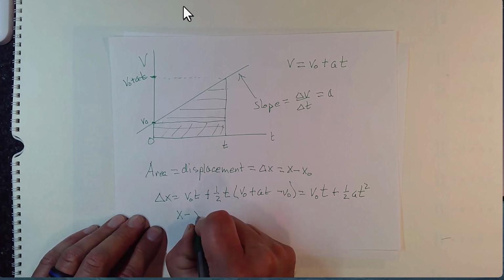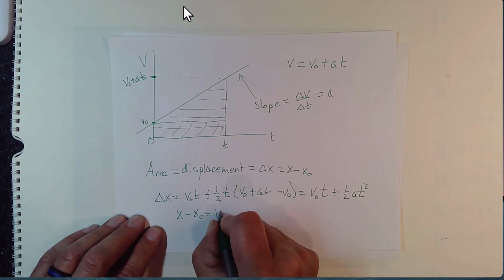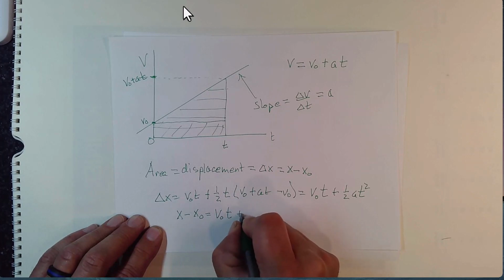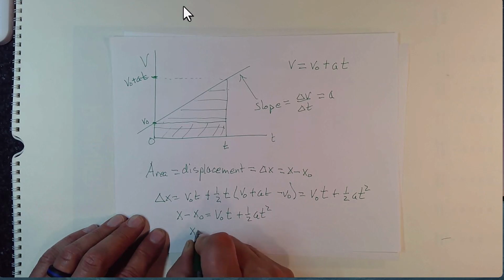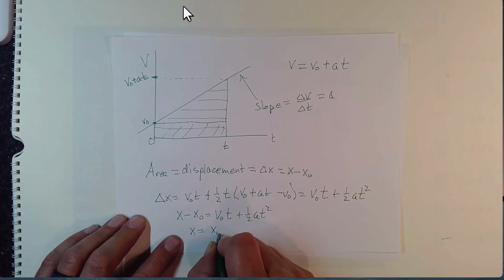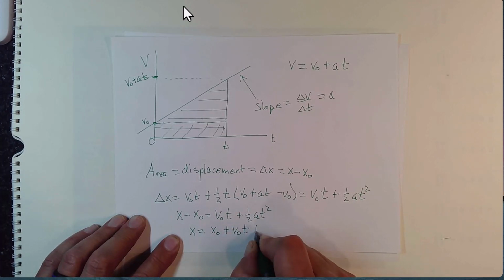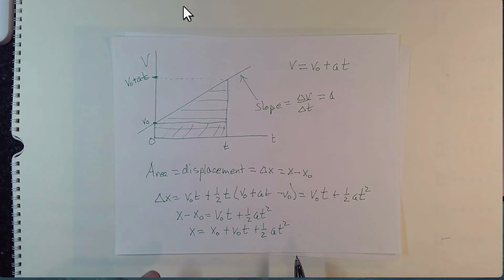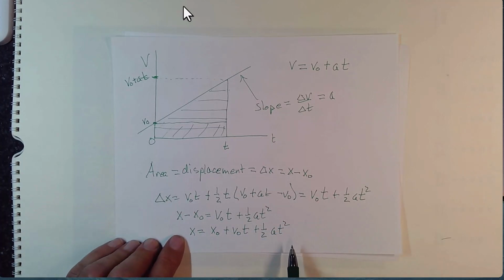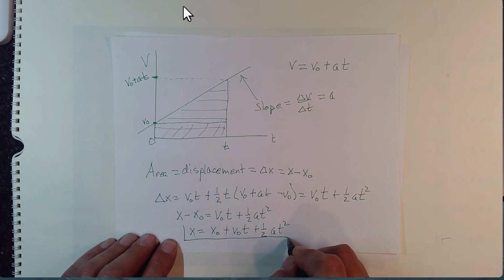So x minus x naught equals v0 t plus 1/2 at squared. x is equal to x naught plus v0 t plus 1/2 at squared. This is the position versus time equation of motion for constant acceleration motion. And that's a big deal.